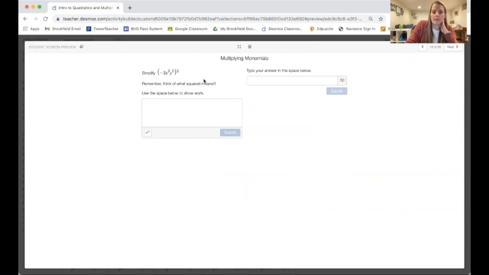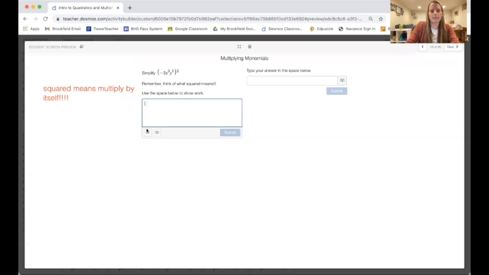Some more multiplying monomials here. Basically, you need to remember what squared means. Squared means multiply by itself. We really need to remember that definition. So here I'm going to do the literal meaning of this.